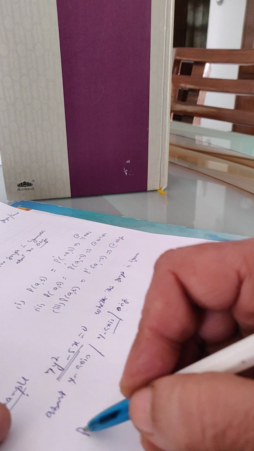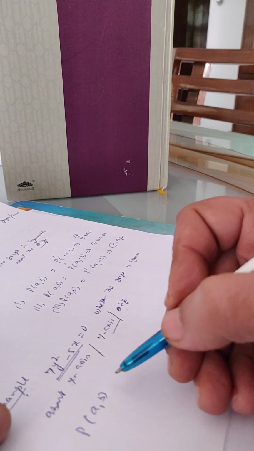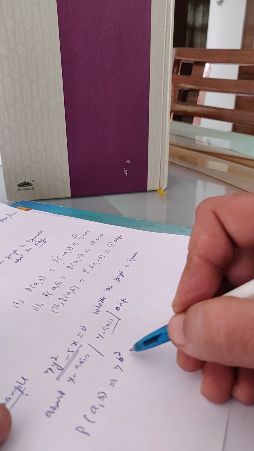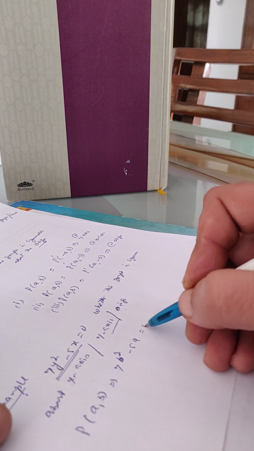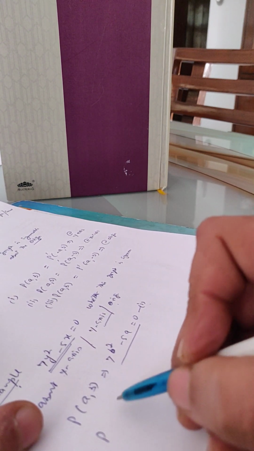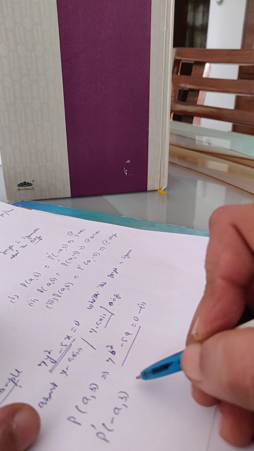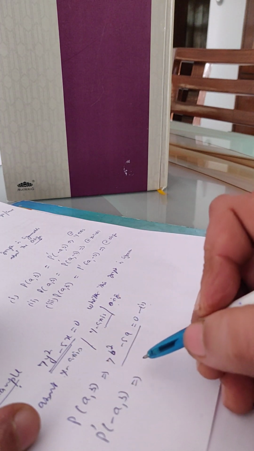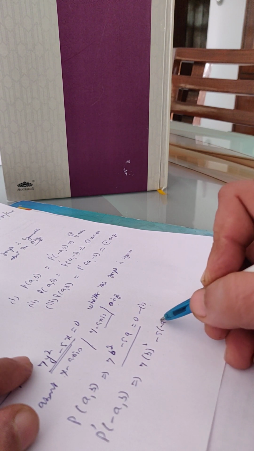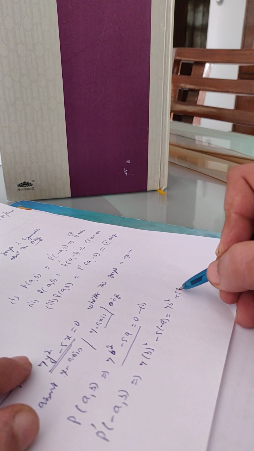Now what you have to do, take a point P with coordinates (a, b). So this equation will become 7b square minus 5a equal to 0. Let it be equation number 1. Now take another point P dash (minus a, b). That means this will become 7 of b square minus 5 of minus a. This becomes 7b square plus 5a.